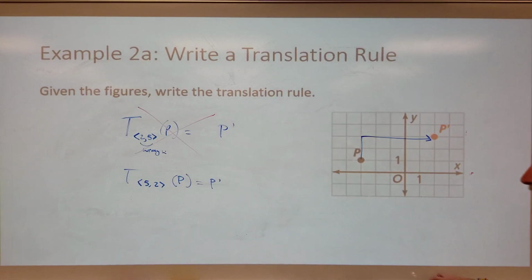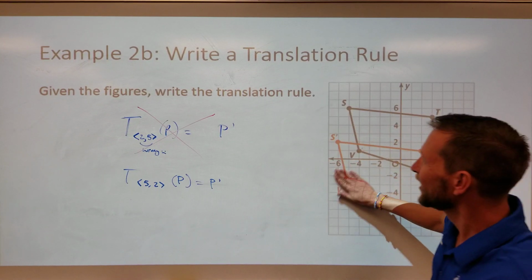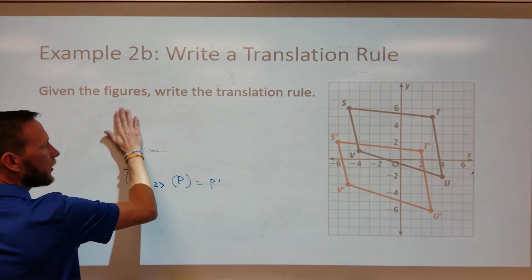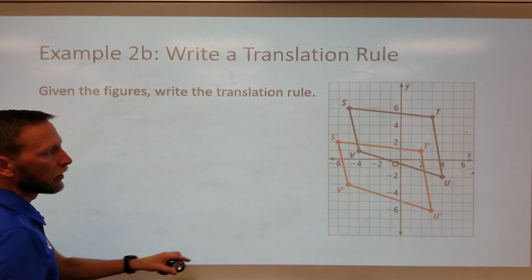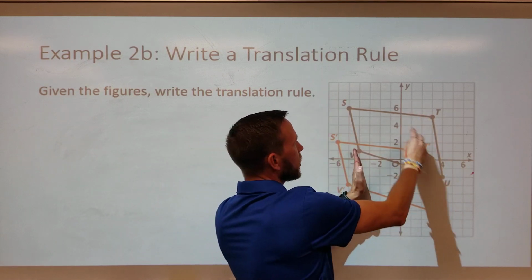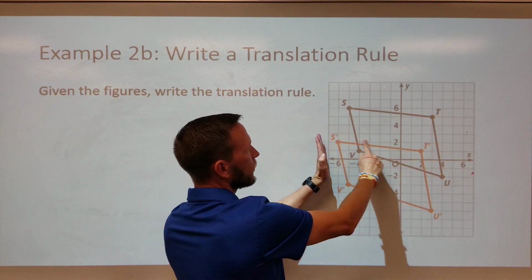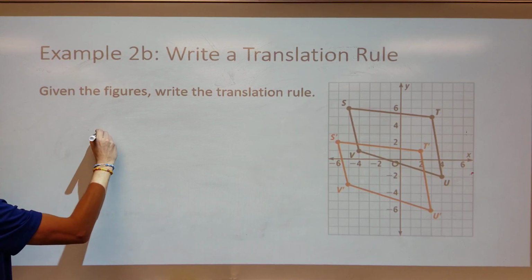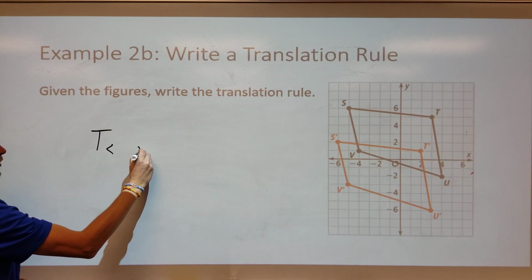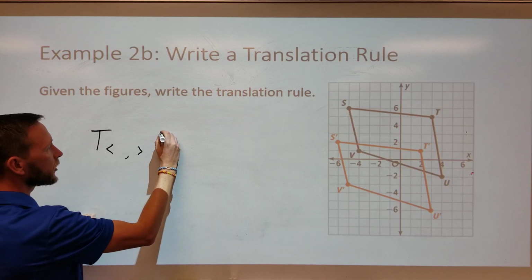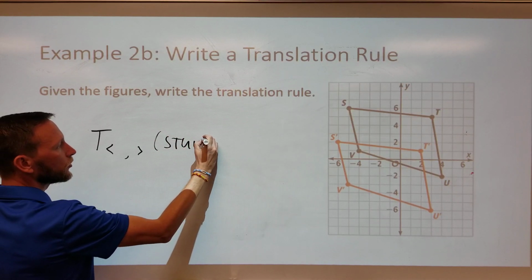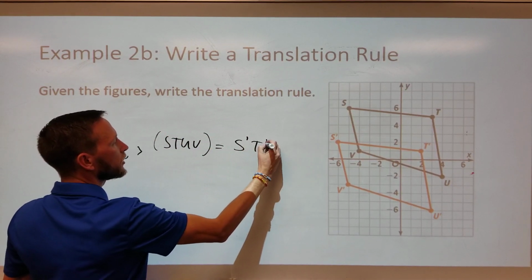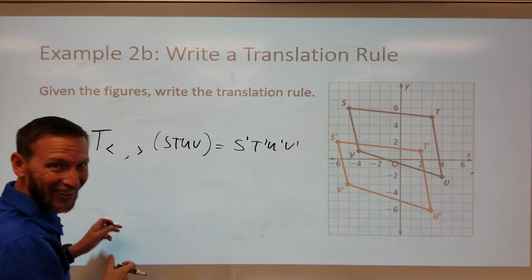Tricked you. All right, next, can we write the rule for this situation? Going from the pre-image here, STUV, to the image S prime T prime U prime V prime. Well, what we should notice is that we are going to translate horizontal comma vertical for figure STUV to get S prime T prime U prime V prime, all right?